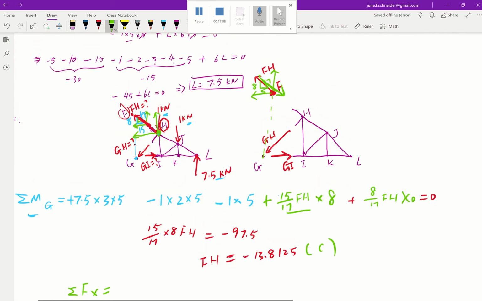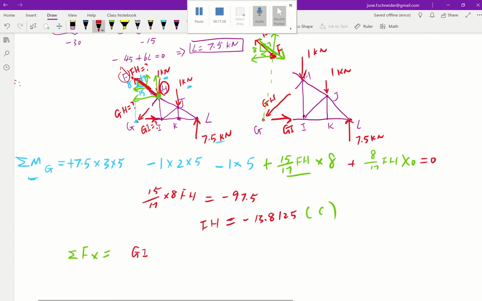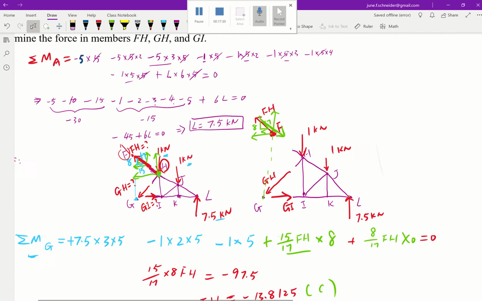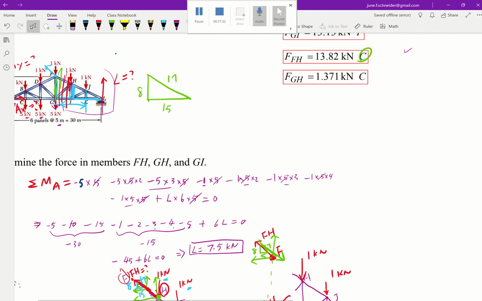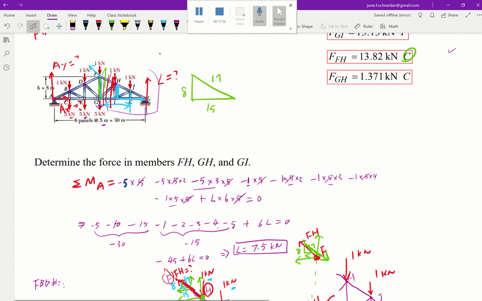By the way, I need to continue to copy my FBD here, 7.5 kilonewton and a 1 here on both of them, right? Now, forces in the X direction, what do we have? We have GI pointing to the right, and GH, what we're solving here. For GH, we needed to know the geometry in terms of the angle.